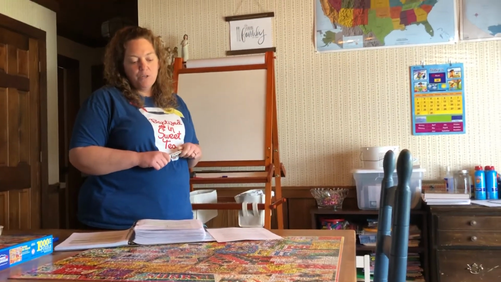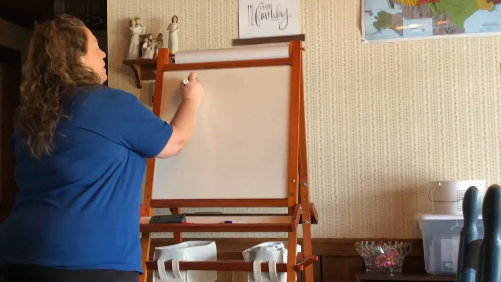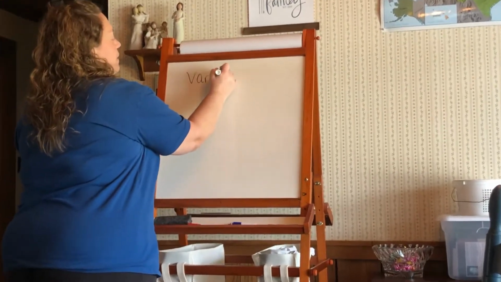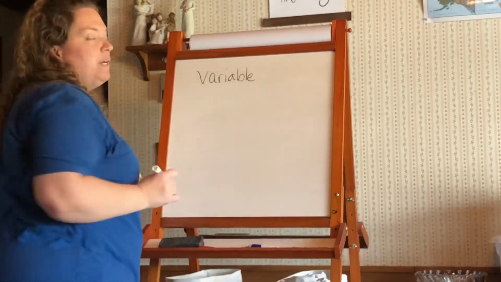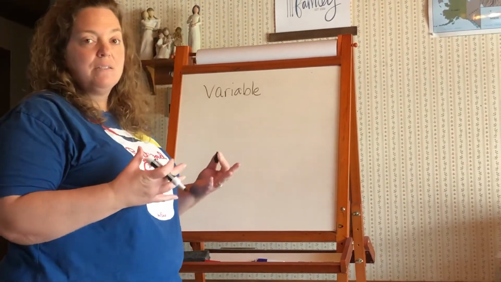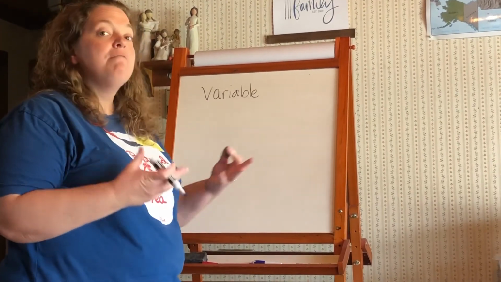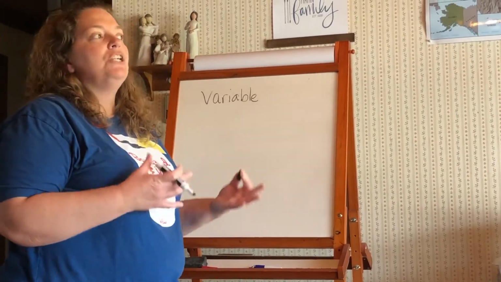The other word I've mentioned to you in class before is a variable. A variable is, when we've been talking about X, it's a letter that can stand for something. And think about the word vary, okay? It can change.